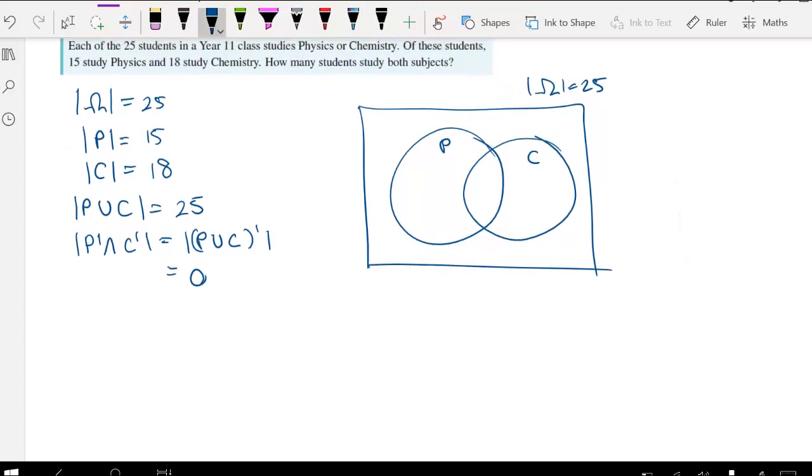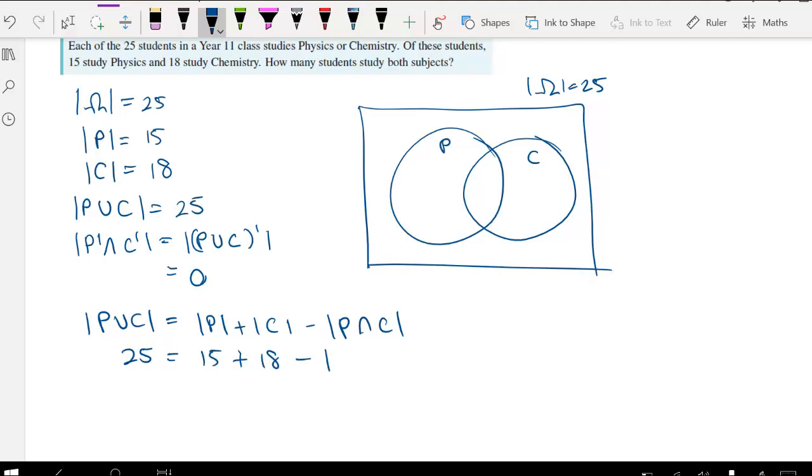Now, if we use the inclusion-exclusion principle, we know that the number of physics or chemistry will be equal to the sum of physics and chemistry, and subtract physics and chemistry. So this is 25 is equal to 15 plus 18, take physics and chemistry.